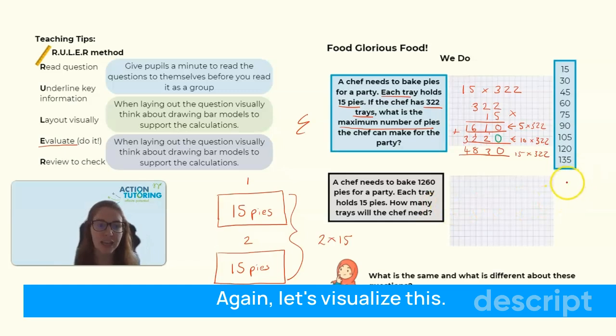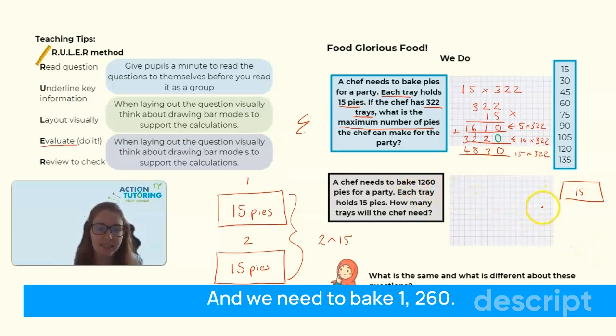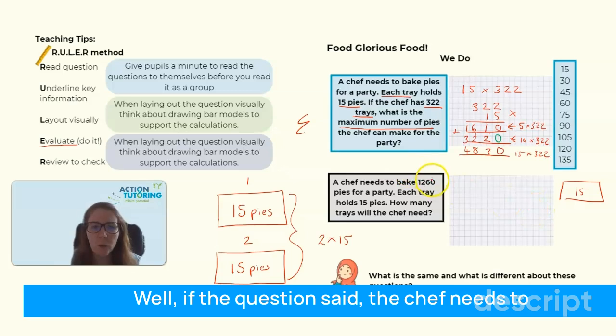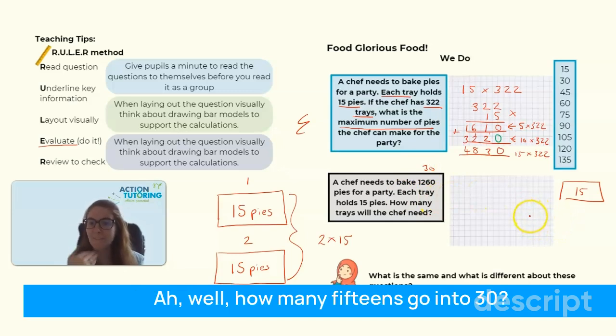Again, let's visualize this. So one tray has 15 pies and we need to bake 1,260. Well, if the question said the chef needs to bake 30 pies, how many trays would that be? Well, how many 15s go into 30?